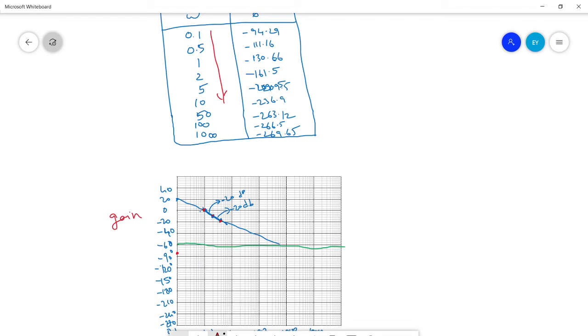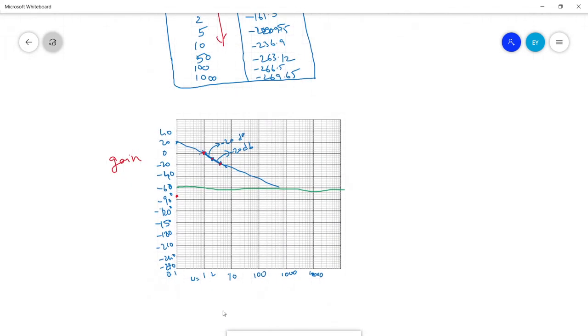So 0.5 means this is actually 0.1, 0.2, 0.3, 0.4, 0.5. At 0.5, what is the value you got? It is minus 111.6. 111 is somewhere here.